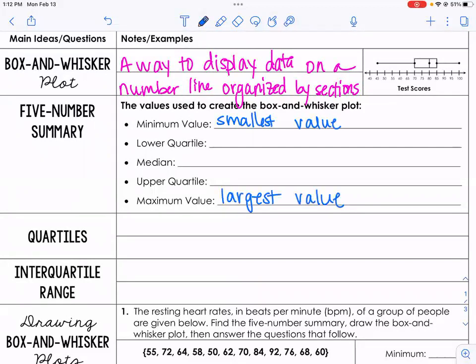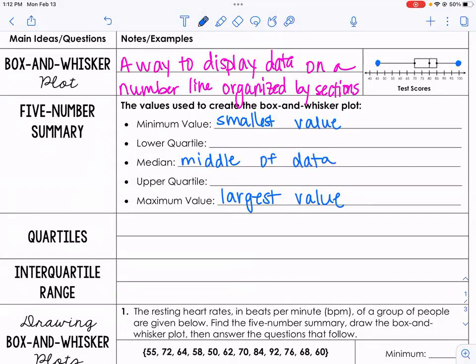Okay, so like up here, the minimum and the maximum are the very ends of the whiskers. Now, there's one of those three that are left, you already know what it is. The median is the middle of our data.